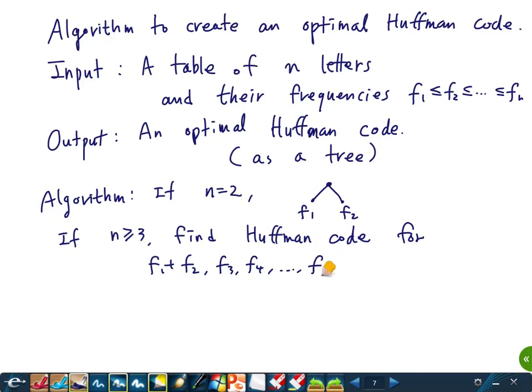We have now n minus 1 frequencies, right? And so we will get a tree with n minus 1 leaves. And there is a change. There is a leaf with frequency F1 plus F2, and change that into this, F1, F2. And that's the algorithm.